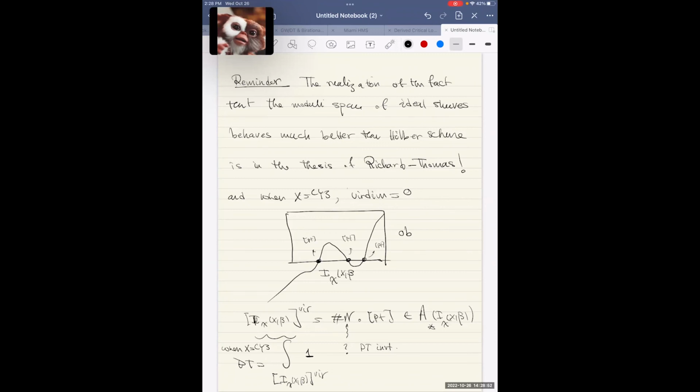So this is what this notation means. Essentially, integral of 1 means count a 1 at each point, count them, and the sum of these ones gives you this invariant, n. This is what it is.